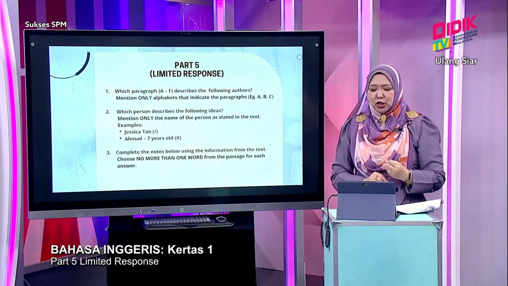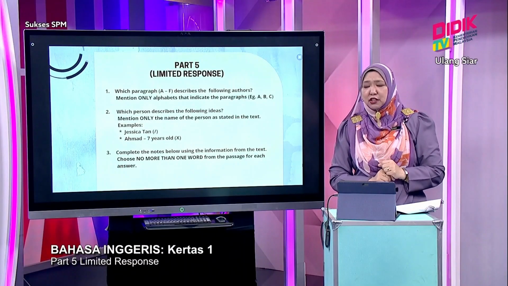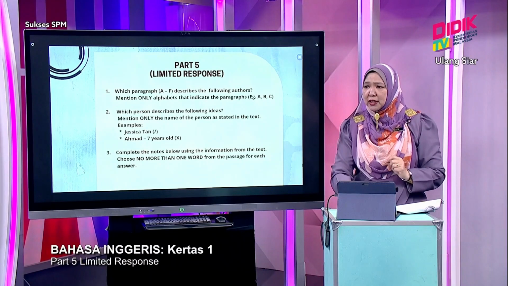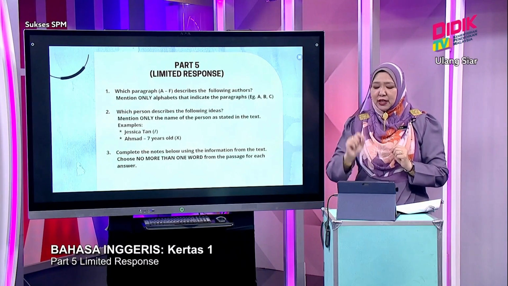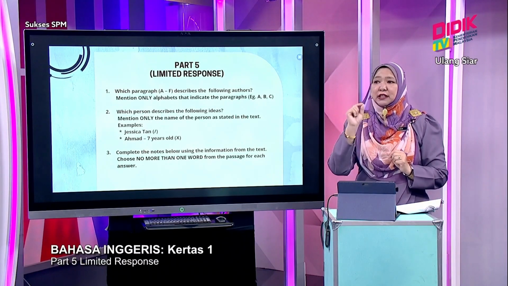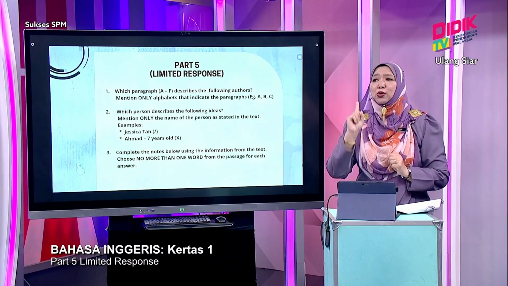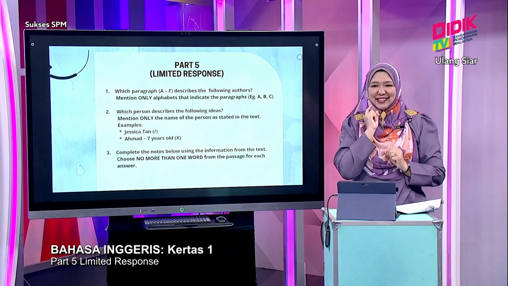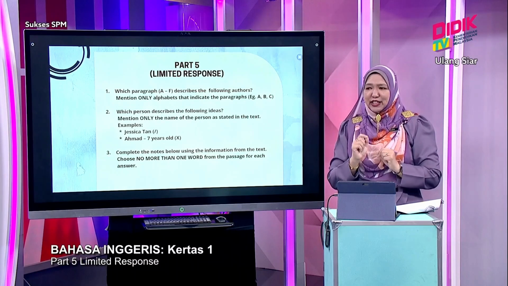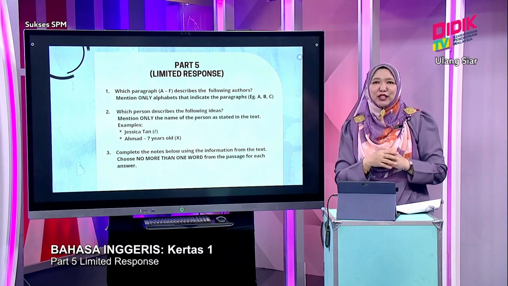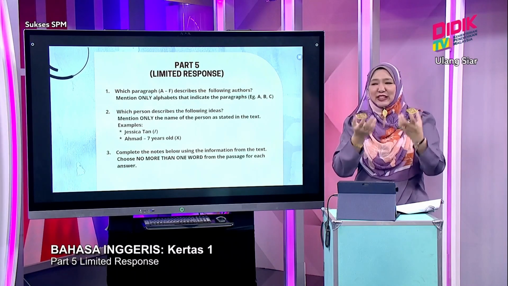The second task, questions 37 to 40: complete the notes below using the information from the text. So here, mention only information from the text. No own words. Don't try to be cheeky, wanting to show that you know the synonym of the word.